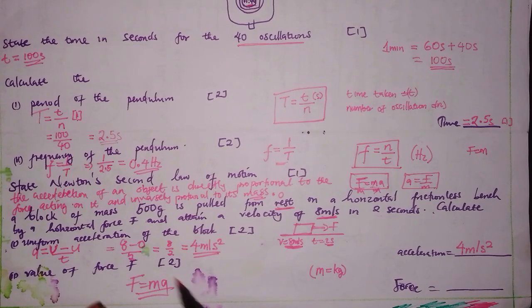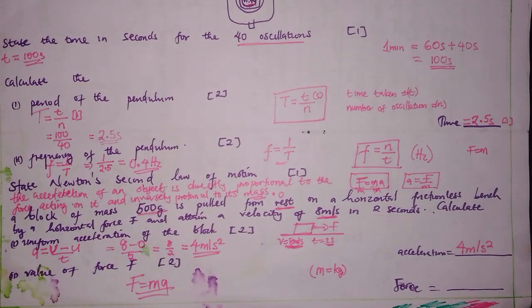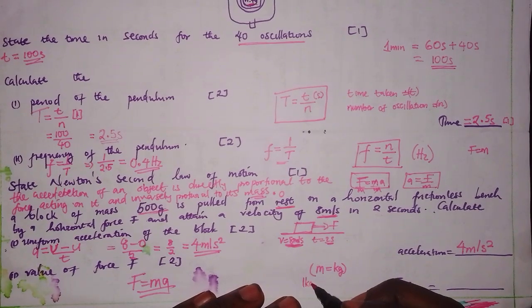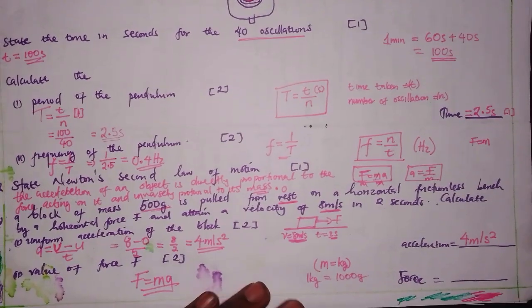If we look at our units, the mass we have is in grams. So we have to convert it from grams to kg. And we know that 1 kg is equal to 1000 grams.